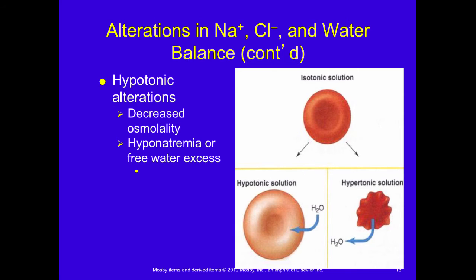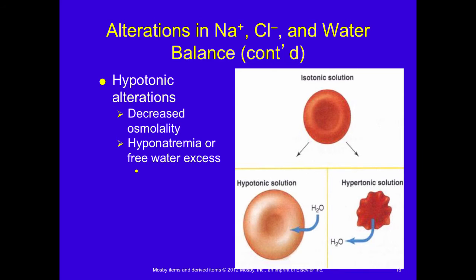There's too much water. The water will actually leave the bloodstream and go into the cells and cause the cells to swell and even burst. That can be a very dangerous situation if it was done erroneously.